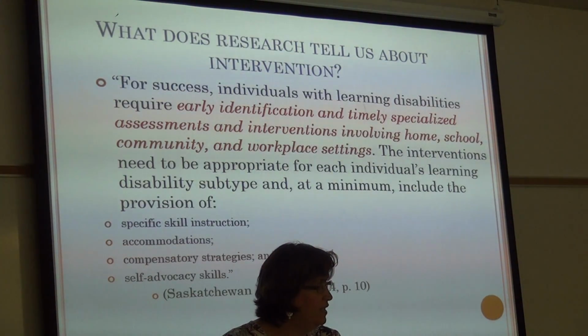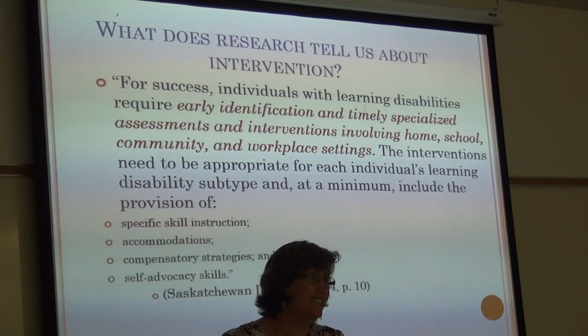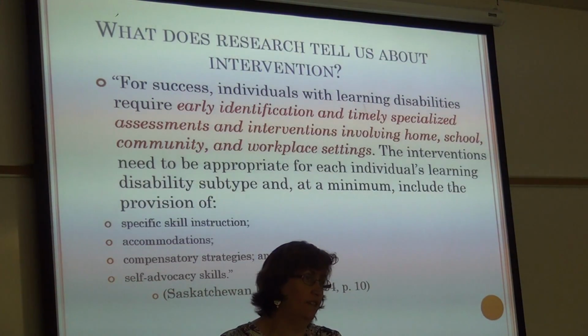So the interventions must be appropriate for the individual's learning disability subtype, and at a minimum include specific skill instruction, so specific reading skills, as mentioned before, accommodations, and compensatory strategies, and teaching self-advocacy skills.